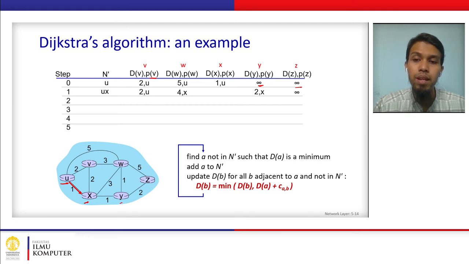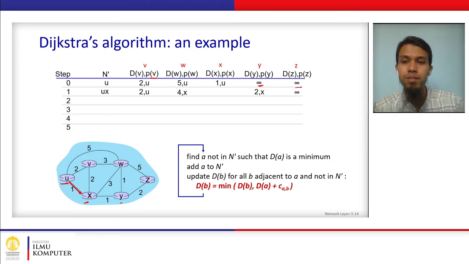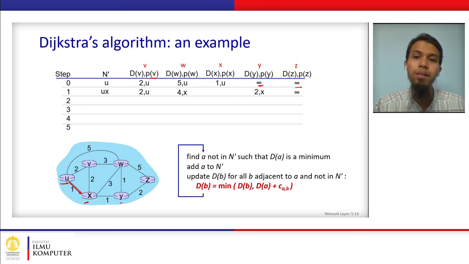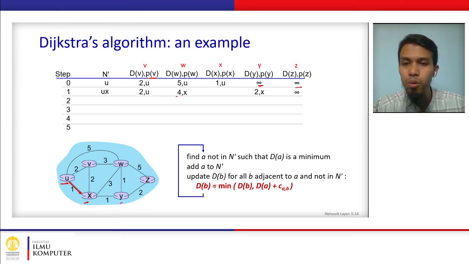But if we take the path from u to w via x, we get the total cost of 4, which is less than 5. So now we update the least cost path to w with 4, and the predecessor node of w is x. So it's not u anymore, but x now.